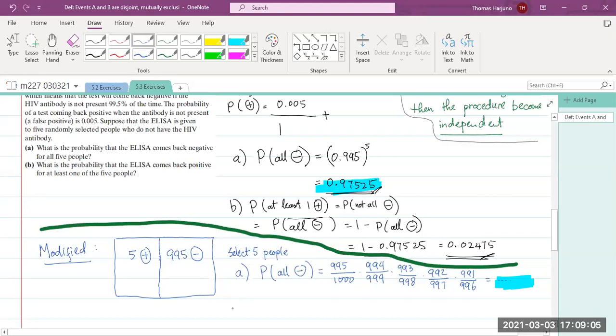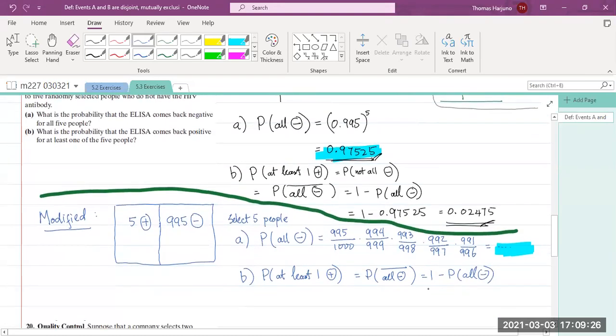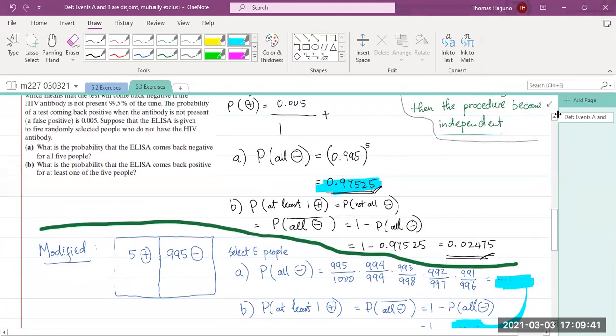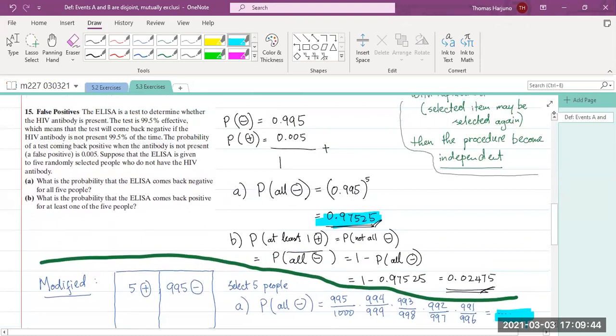For the first one, you compute that. Part B, what is the probability of at least one positive? That equals the probability of not all negative, which is 1 minus the probability all negative, which we computed earlier in part A. The difference from the one I did earlier is that there we don't know how many people we start with.